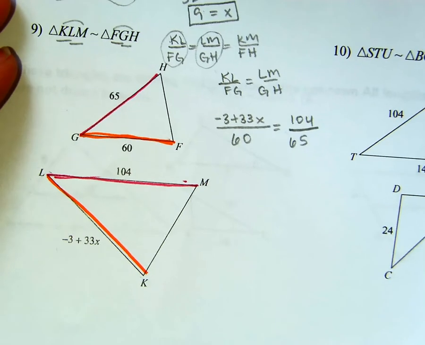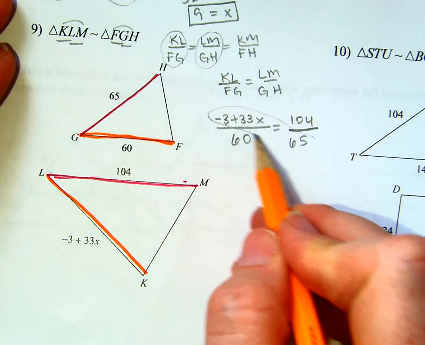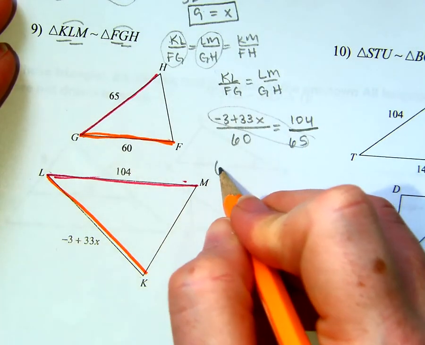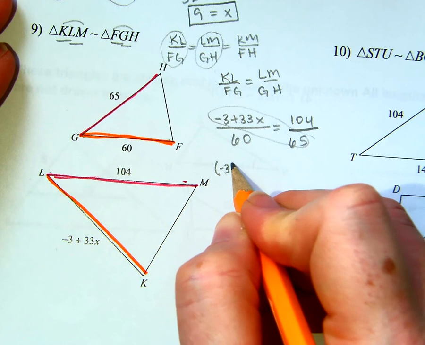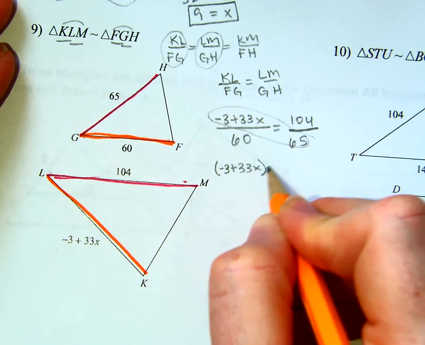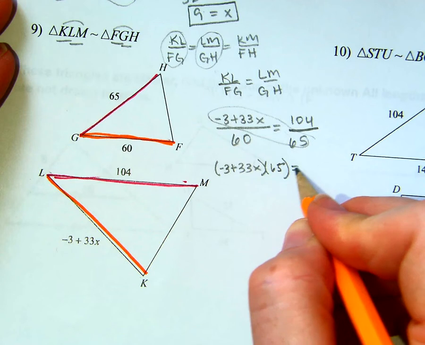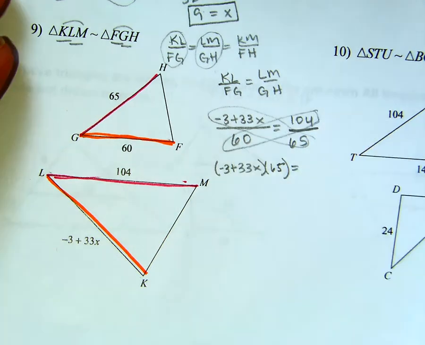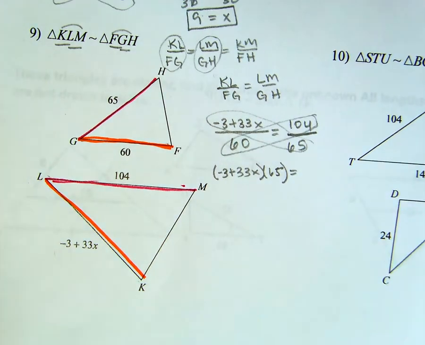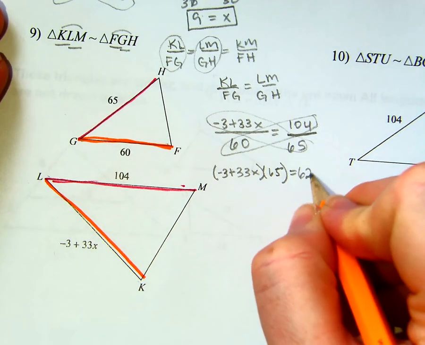Okay? Now I'm just going to cross multiply. So I'm going to multiply negative 3 plus 33x times 65, and that's going to be equal to 60 times 104, which is a nice big giant number. Let's see what it is. 60 times 104 is 6,240.